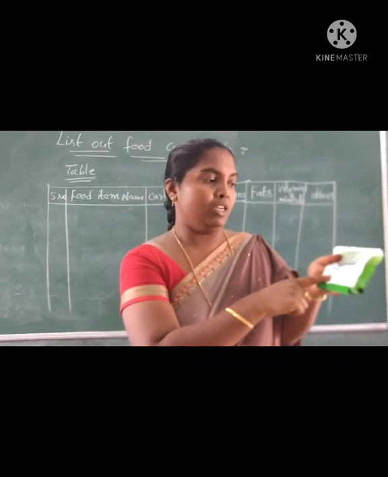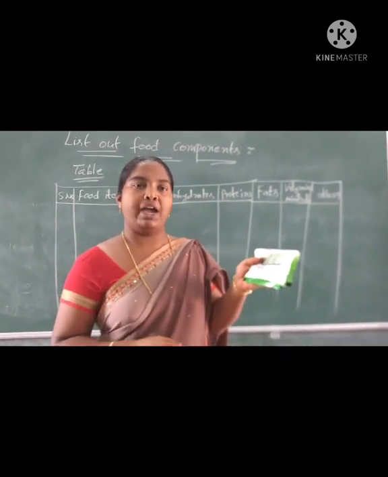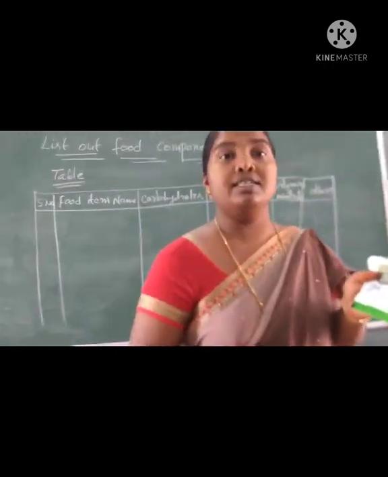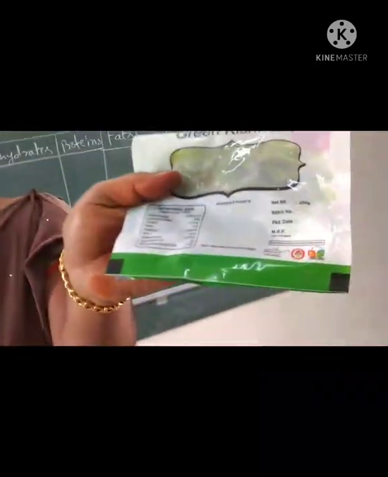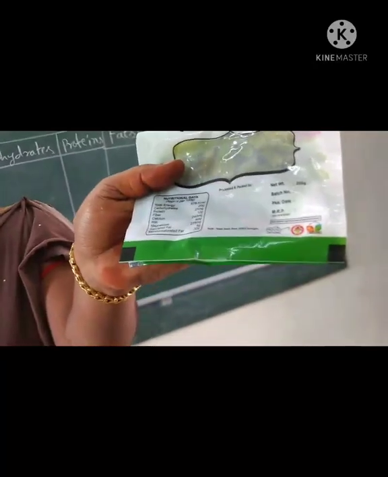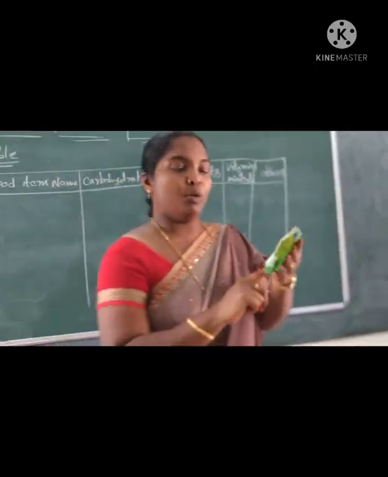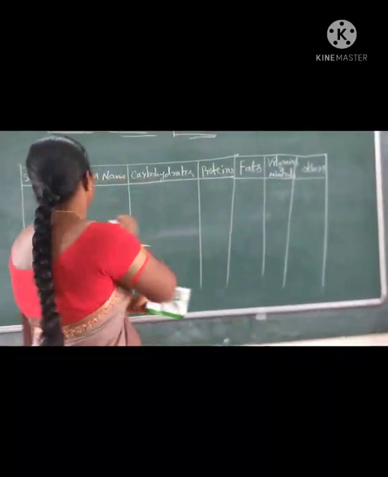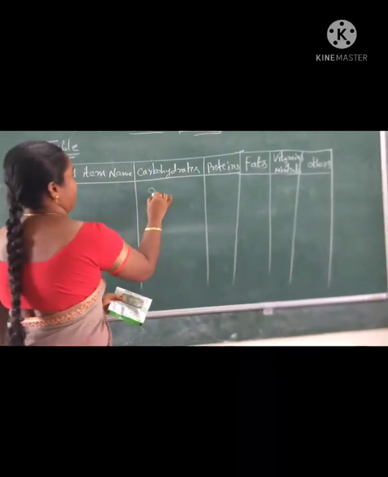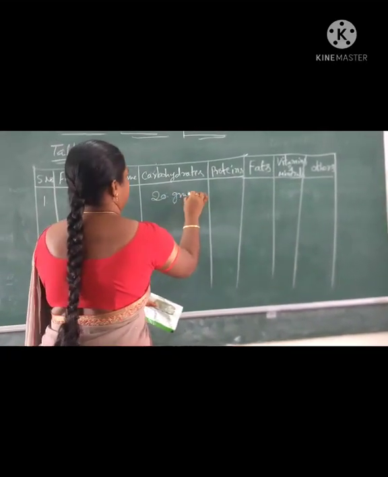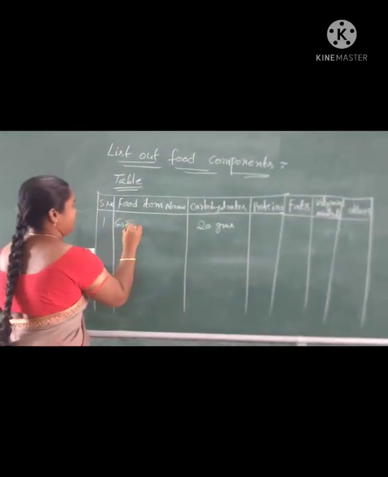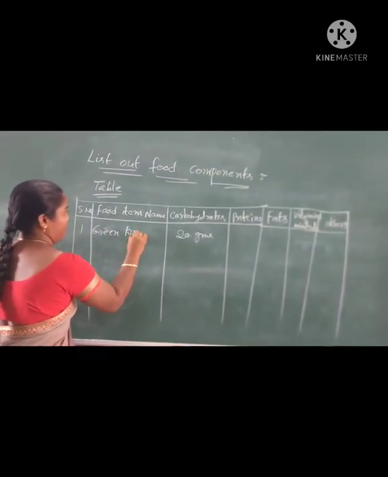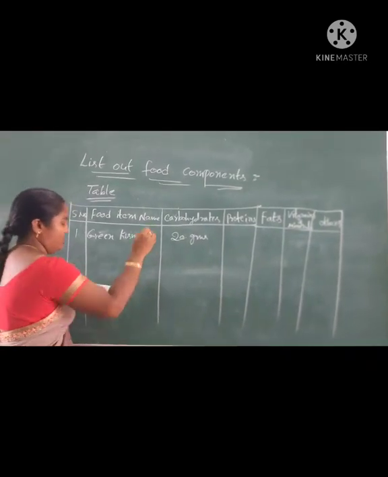I say, total energy in this green kismis packet is 578 kilocalories. Carbohydrates 20 grams. Food item name is green kismis.